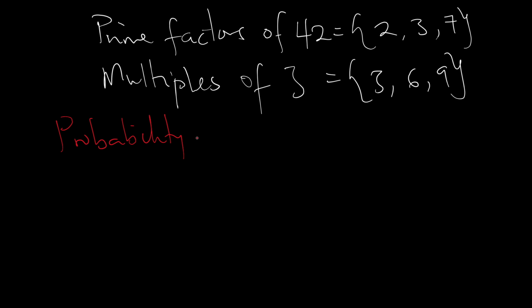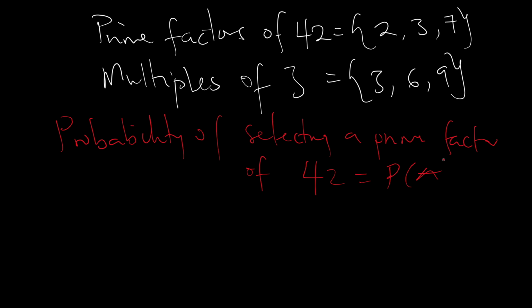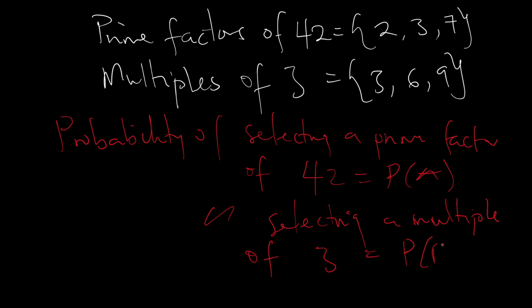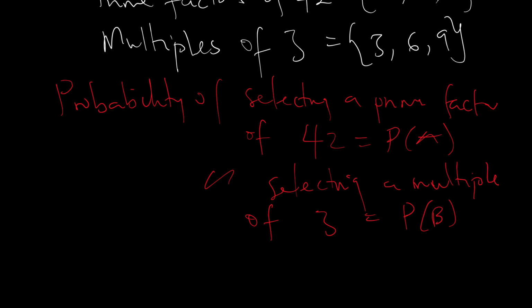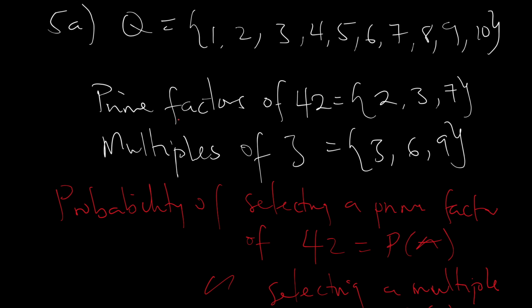Probability of selecting a prime factor of 42 is P of A. And the probability of selecting a multiple of 3 be P of B. So the probability of selecting a prime factor of 42 will be 3 over 10.